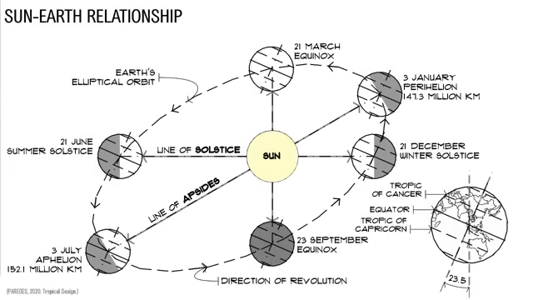Okay, so the sun and earth relationship, I'm showing you with this slide. We have an orbit that is not actually circular. It's an ellipse. So during the aphelion, we are farthest away from the sun. During the perihelion, we are closest to the sun.